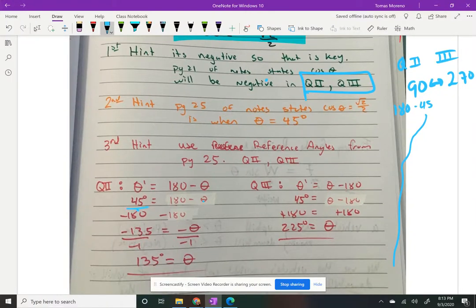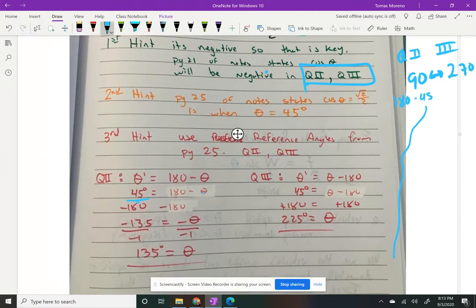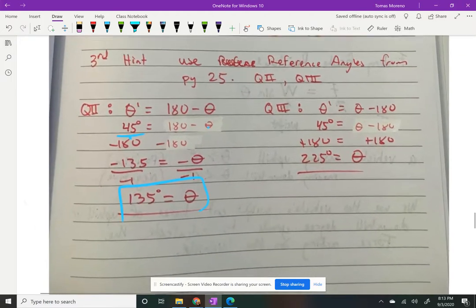We know the reference angle is 45. We subtract 180 from both sides. We get negative 135. Since we have a negative theta, divide by negative 1, divide by negative 1, and look at that, 135. I'm going to erase this. We don't need that. I'm going to zoom in.